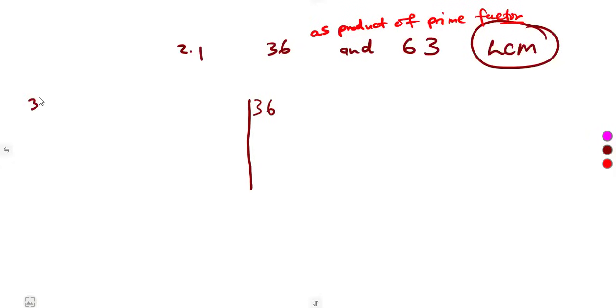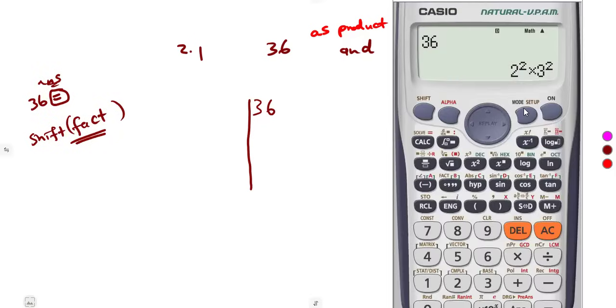You press the answer button, then shift fact, and it gives you the product of its prime factors. This is what we need: 2 to the exponent of 2 times 3 to the exponent of 2. But let's say I do not want to use the calculator. I want to have the exact way.